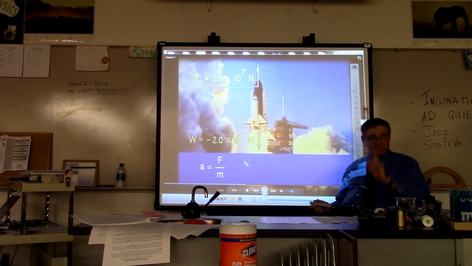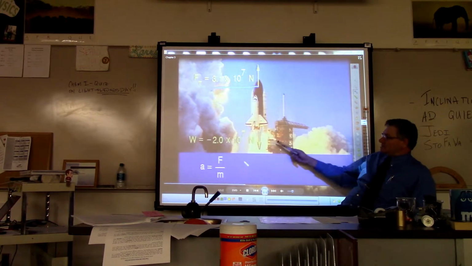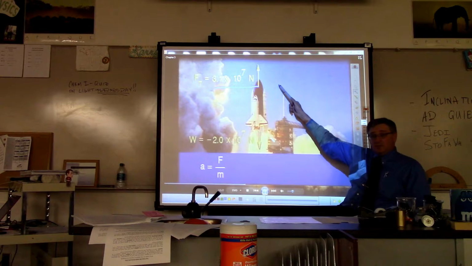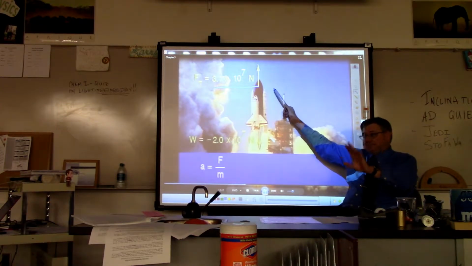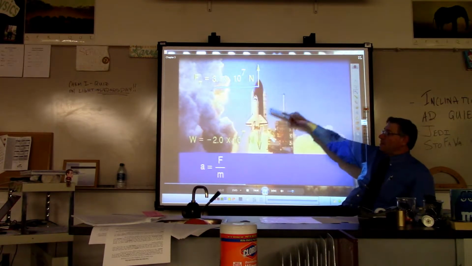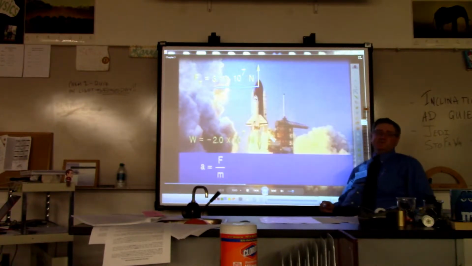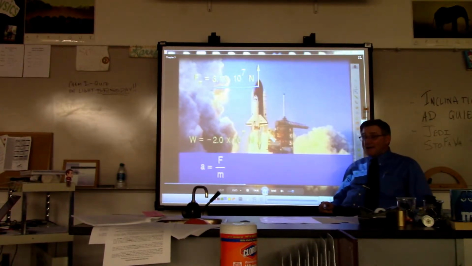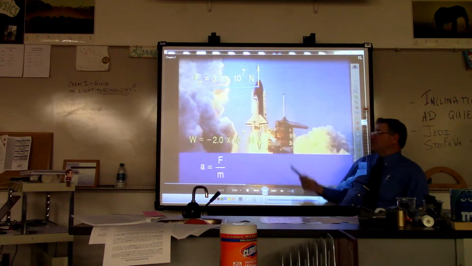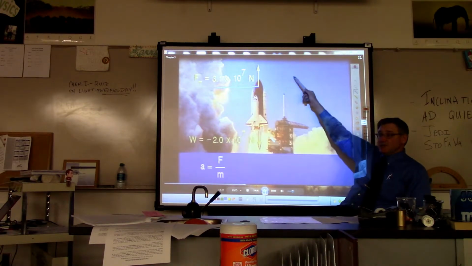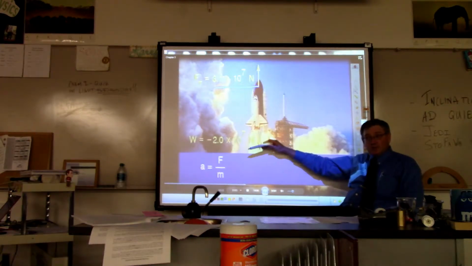Now, an interesting thing happens. As this thing goes up, let's assume that the force from the engine stays constant. As this thing goes up, what happens to the weight of the space shuttle? It decreases. Why? Because you're burning off fuel. Beautiful. So, as this thing goes up, my weight becomes less.